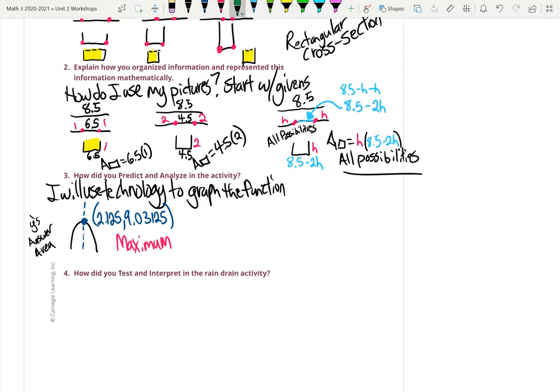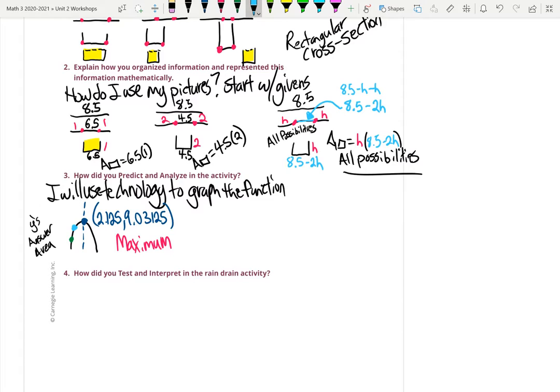So, for example, if I compare this point and if I compare this point, the light blue base and height, whatever they are, is going to have a bigger area than the green point.